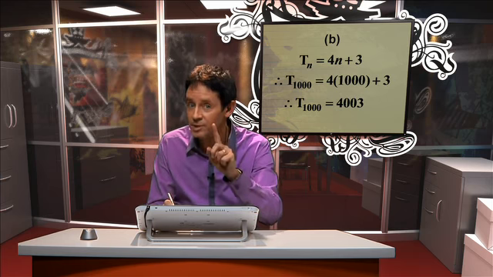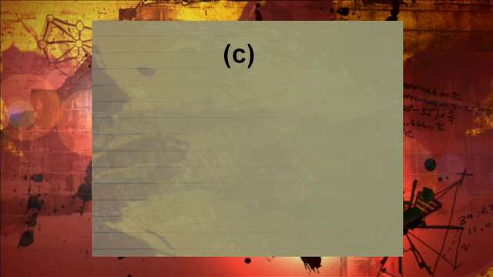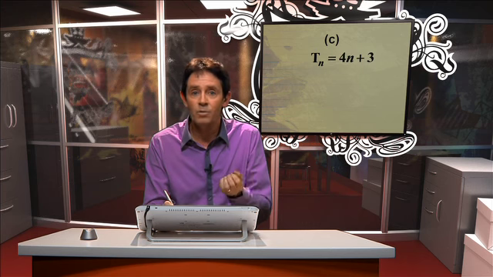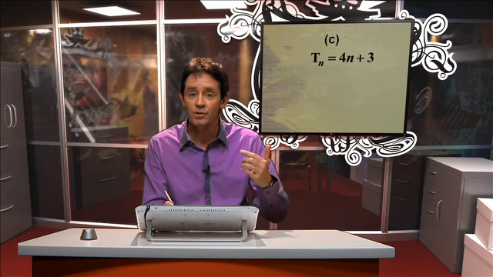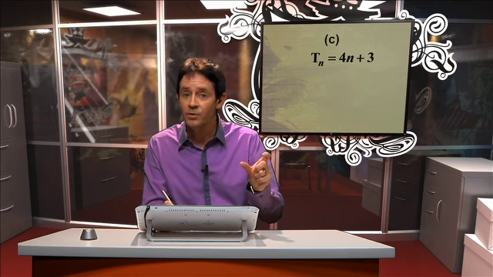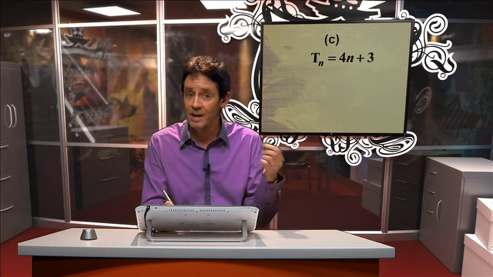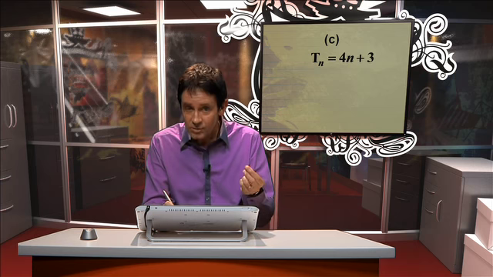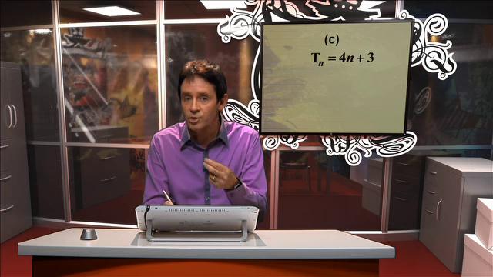Now watch out for this one, guys. They said to you, which term of the sequence of that pattern is 203? So we've got a term, but I don't know its position. Now remember, you've got the first term, the second term, the third term, and that's going to give you the position. So for the first term, n is 1. The second term, n is 2. The third term, n is 3.